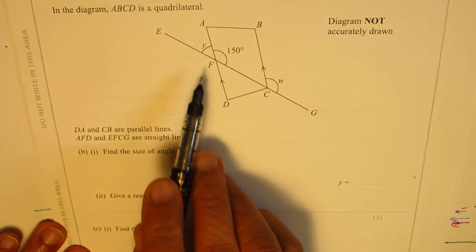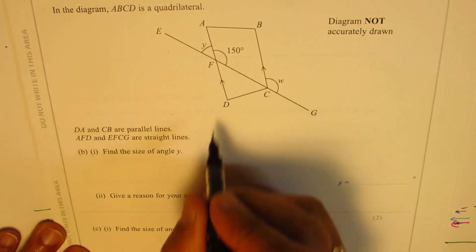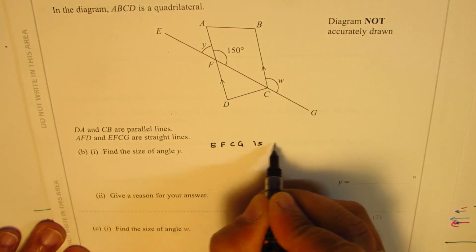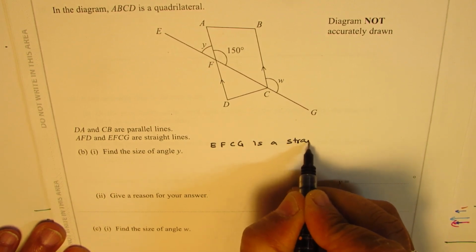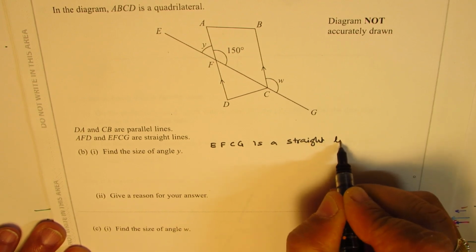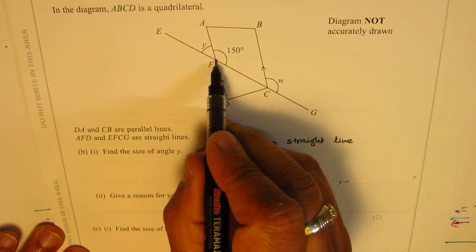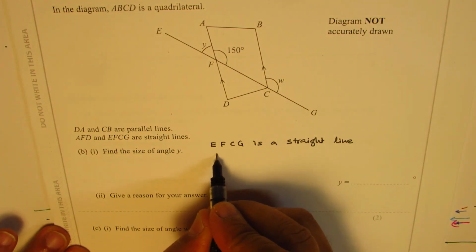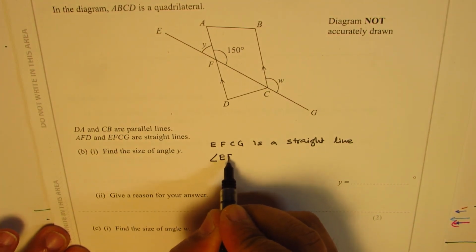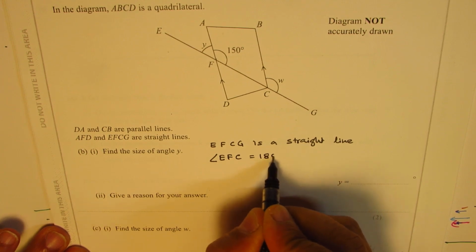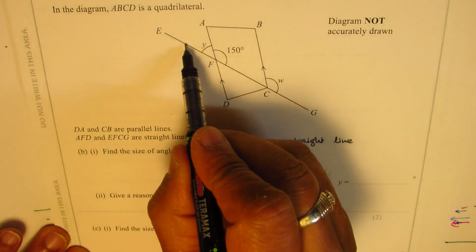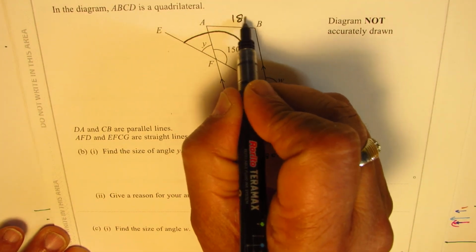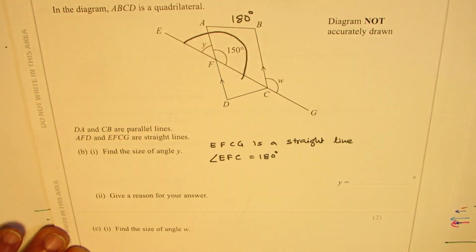Now EFCG is a straight line, correct? So that means this total angle should be 180 degrees, right? So that means the angle EFC equals 180 degrees. So this angle as a whole should be equal to 180 degrees. So how much is Y?